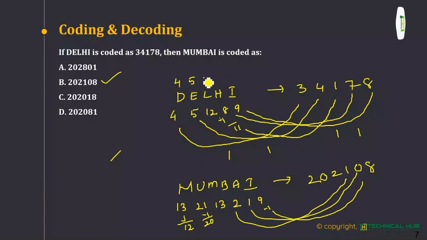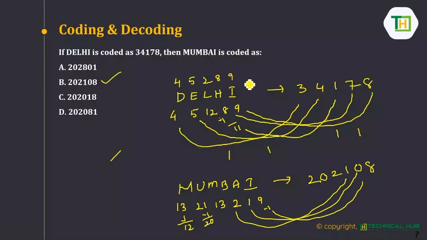After 10, here it is taken as 2. So 11 is taken as 1, 13 is taken as 3, only unit digits are considered. So 8 means 8, I means 9. So subtract 1: 4 minus 1 means 3, 5 minus 1 means 4, 2 minus 1 means 1, 8 minus 1 means 7, 9 minus 1 means 8.